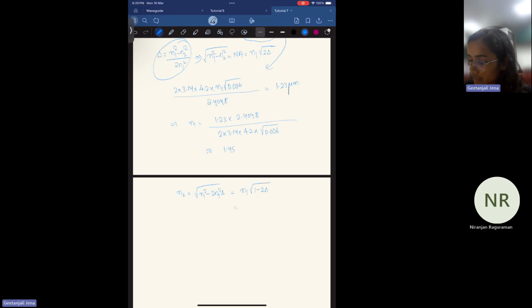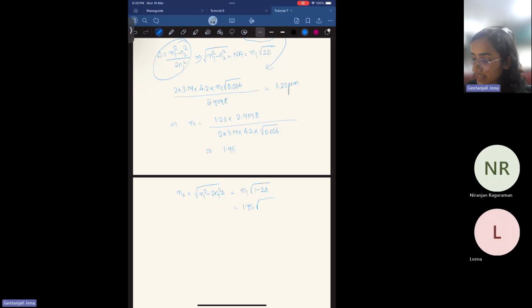N1 we have already calculated, it is 1.45, and 1 minus 2 delta will be 0.004. So this will come, minus 0.006. So this will give 1.446. So for this single mode operation, we have the value of N1 as 1.45 and the value of N2 should be 1.446.